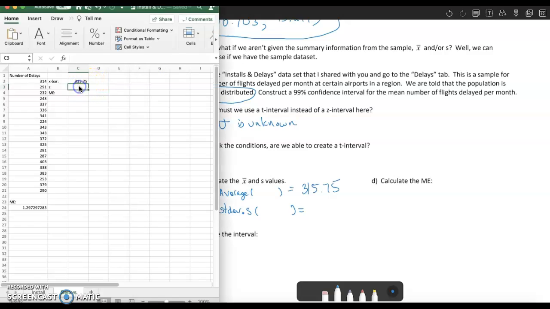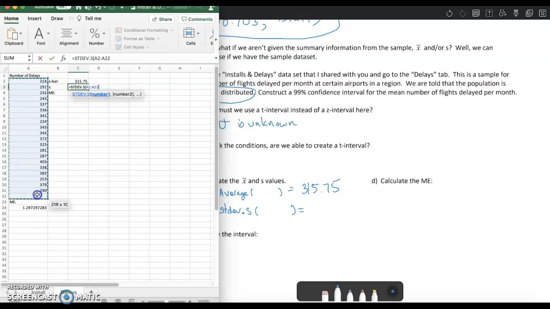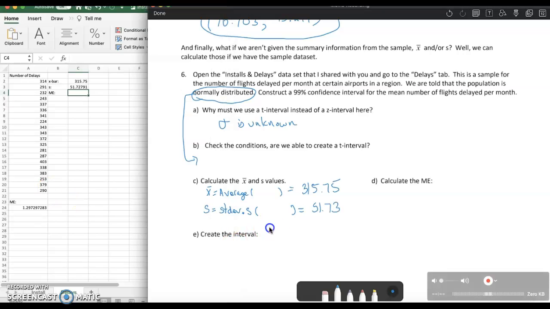And to find our standard deviation, we're going to use equals stdev dot s. Same thing, highlight our data set. I'm going to keep just 2 decimal places here, so 51.73. Okay, so I've shown my Excel command that I'm using, and I've gotten my values there.